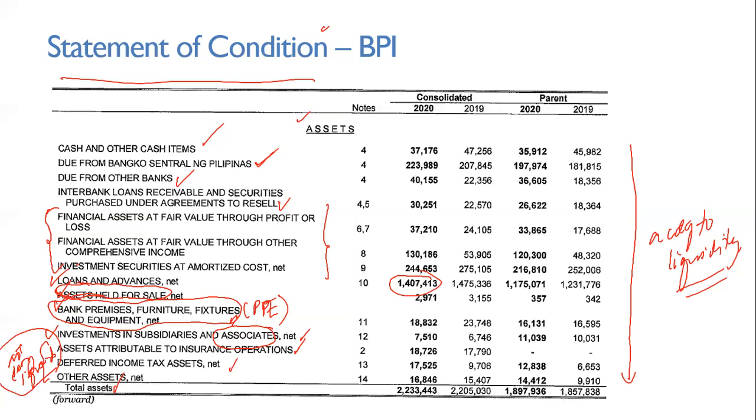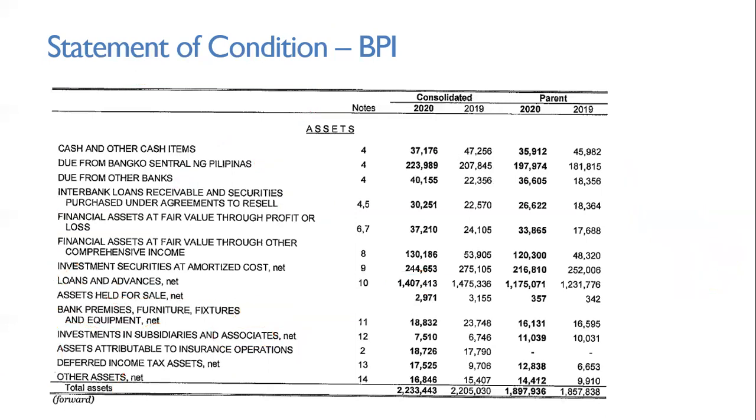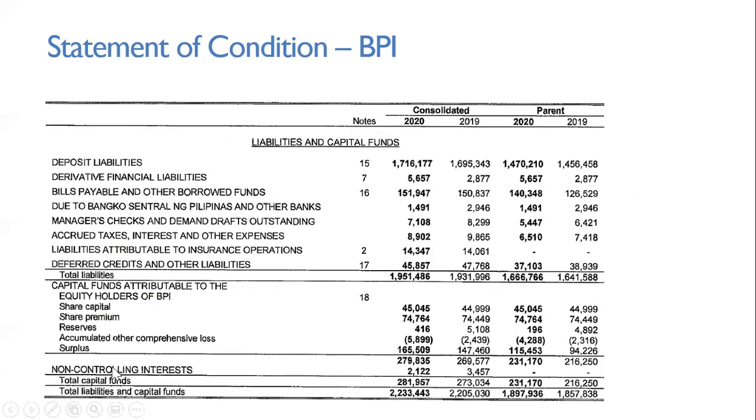Okay? So let's look at liabilities and equity. If you look at the liabilities and equity of a bank, again, there is no current and non-current liabilities, similar with the asset side. If you look at this one, what is the biggest liability of banks? 1.7 trillion. Deposit liabilities.